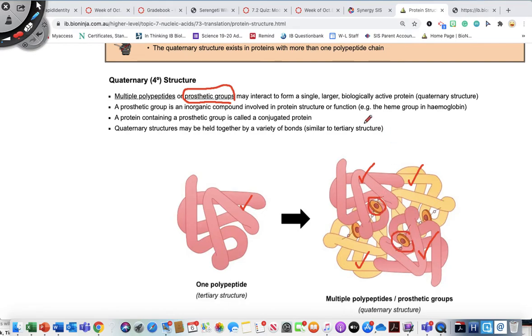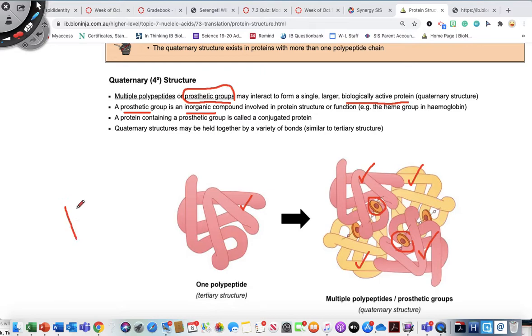And a prosthetic group, what it is, is a biologically active protein, okay? When the prosthetic group attaches to the protein, it forms a biologically active protein, which is your quaternary structure. The prosthetic group is an inorganic compound.